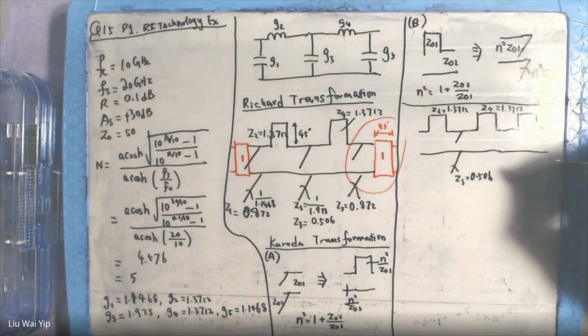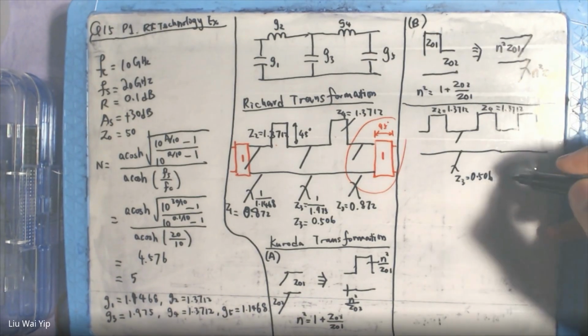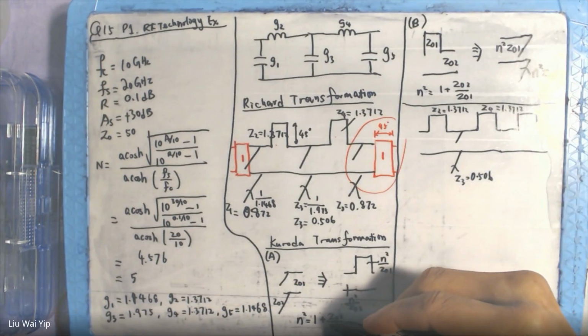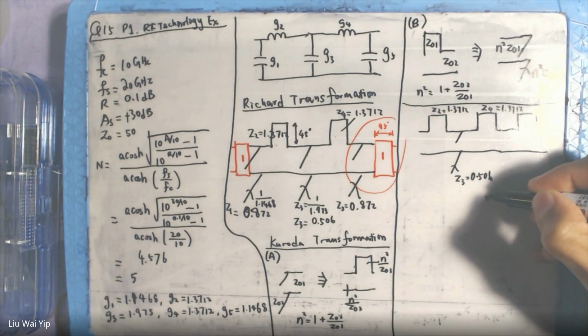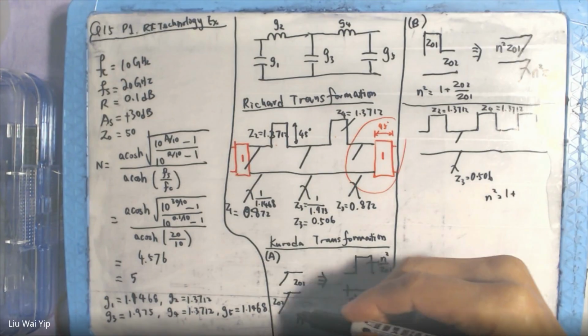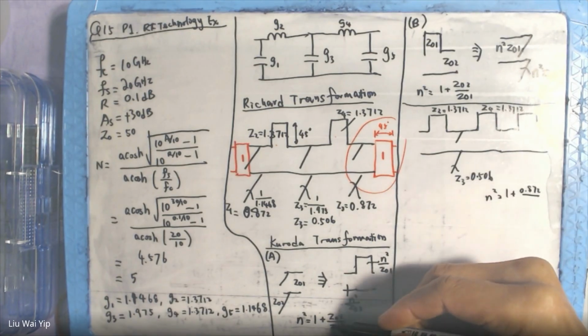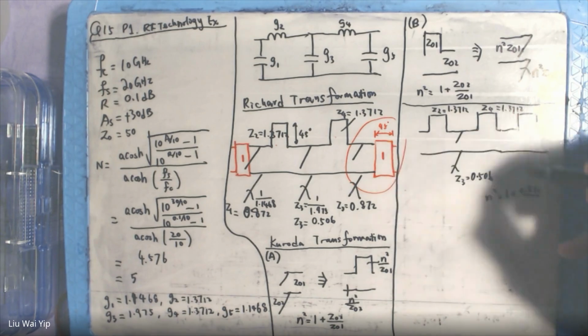Now the impedance here is, first of all, we need to calculate n square, which is 1 plus Z2, which is this line impedance, 0.872, over Z01, which is 1.